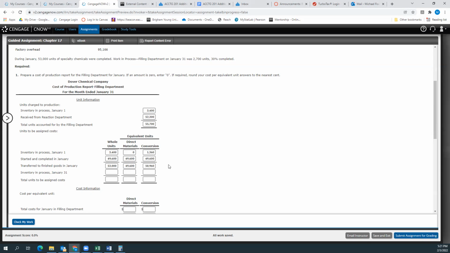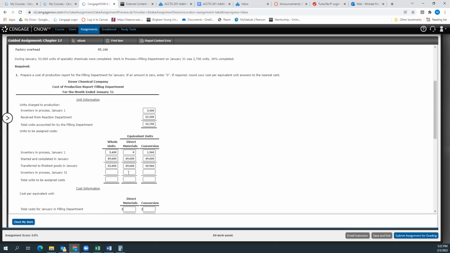All right, so this is a little bit confusing, okay? And the whole idea of equivalent units is a little bit confusing. And so I just want to kind of try to explain this. Recognize that this is just a mathematical estimate, okay, as to the equivalent number of complete units we have, and we're only going to use this so that we can calculate costs.